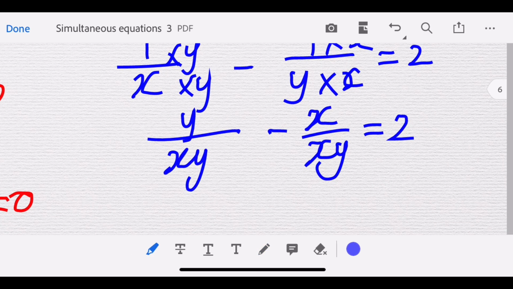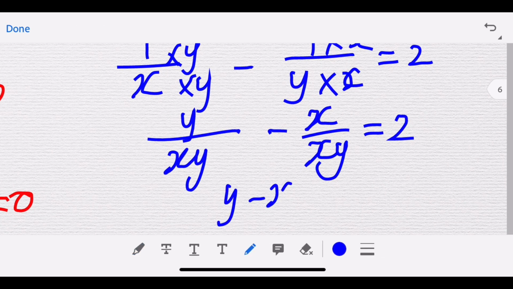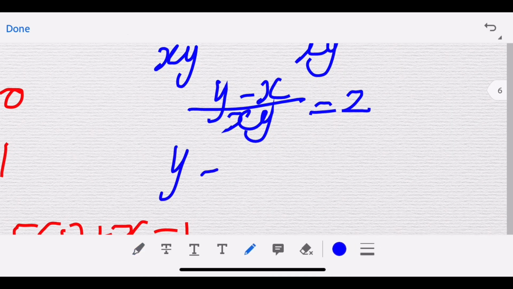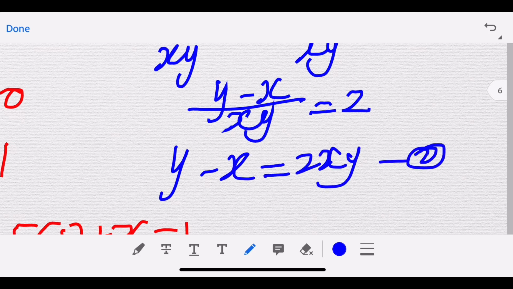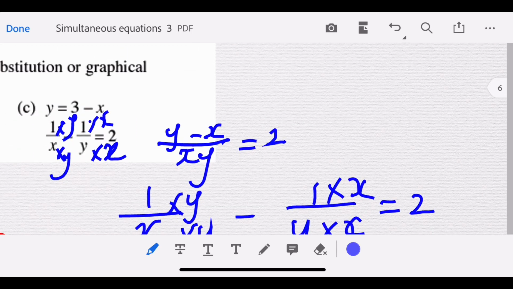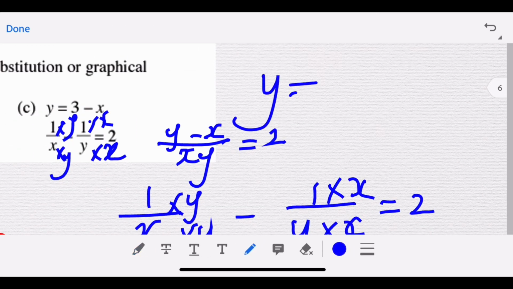So y minus x over xy is equal to 2. So I can write y minus x equals 2xy for equation 2. And equation 1 is y equals 3 minus x.